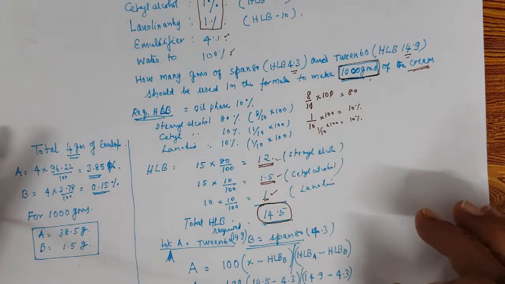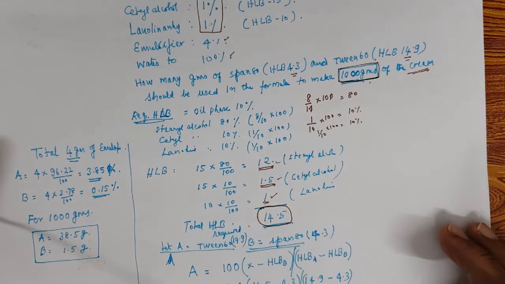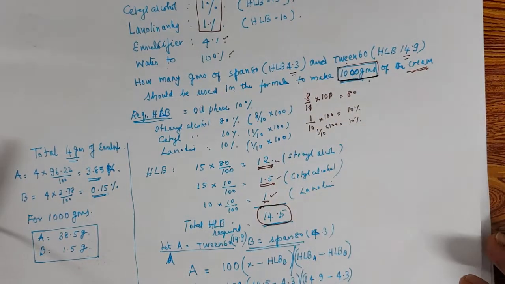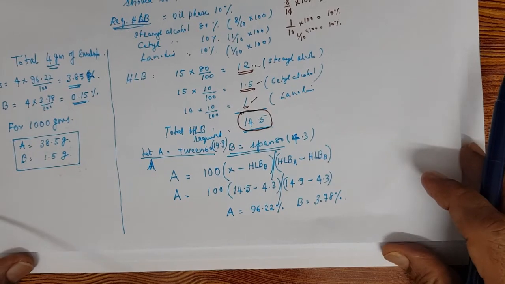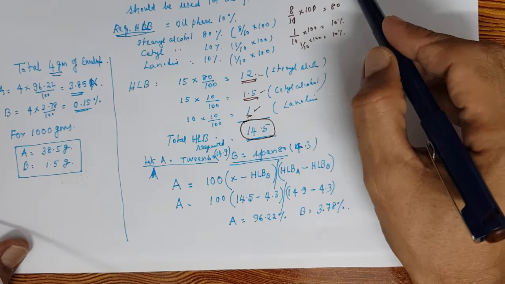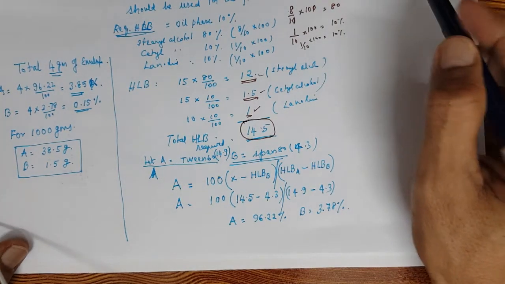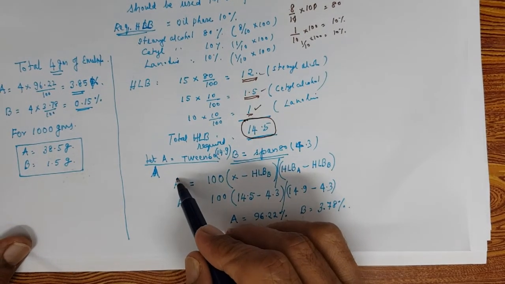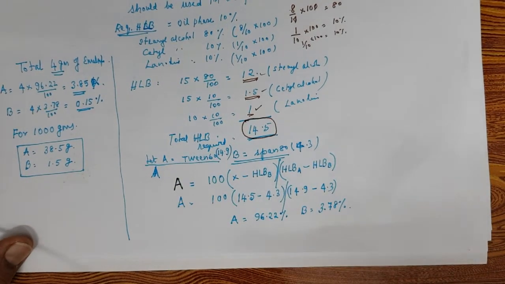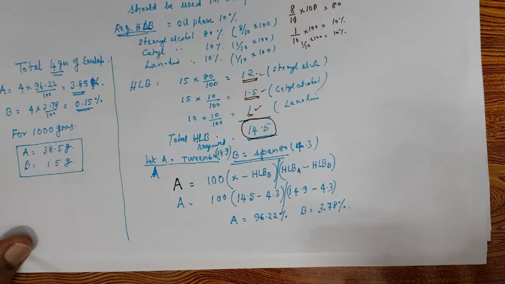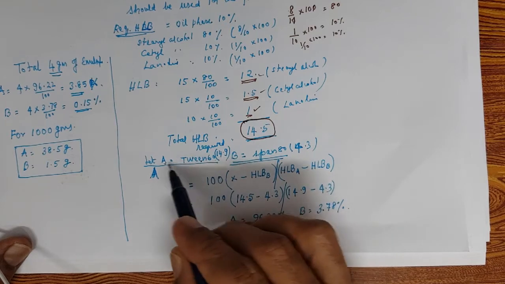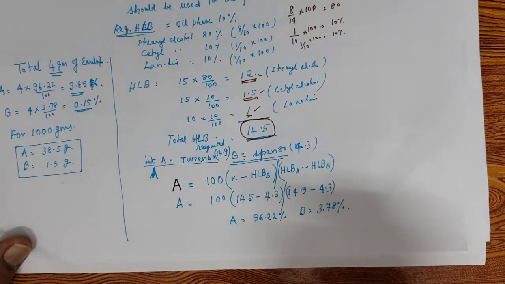This 14.5 HLB you have to get from Span 80 and Tween 60, right? Span 80 is 4.3 HLB, Tween 60 is HLB 14.9. We will take the high HLB emulsifier as always A, right? A is Tween 60, B is Span 80.